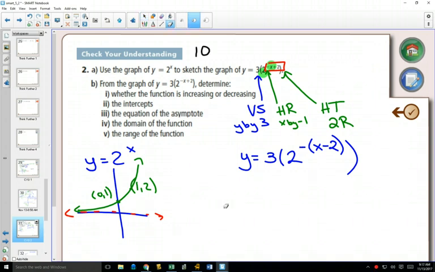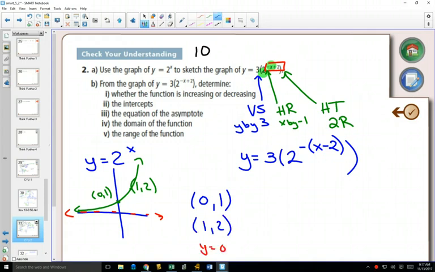Here. So starting with your points 0, 1, and 1, 2. We'll write our asymptote down here. If you do all your stretches and compressions first, you would have y by 3 and x by a -1.